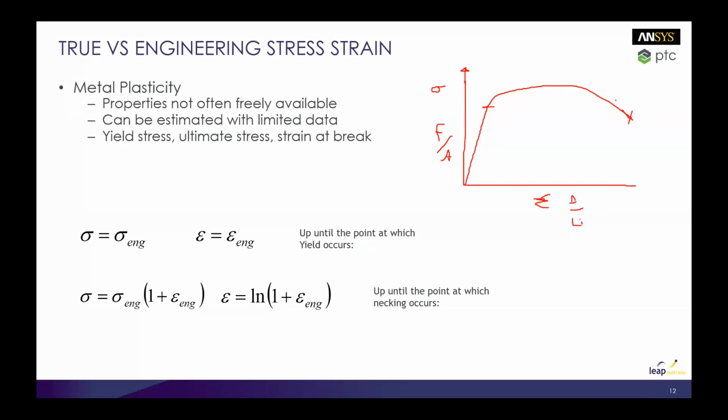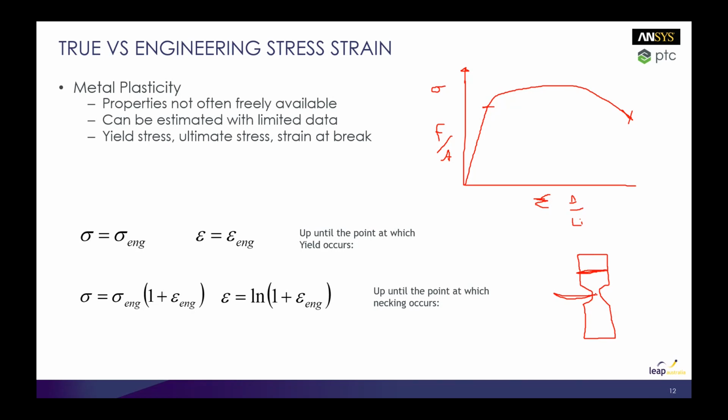The reason we get a negative slope on a stress strain curve is because of necking occurring in a tensile test. The real stress is occurring here, but we're calculating the stress based off the initial area.